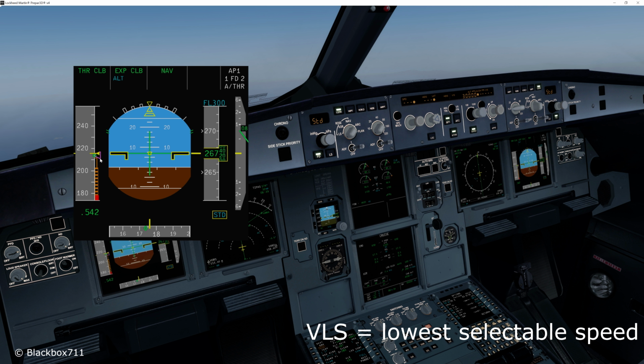All right, let's come to the VLS speed, the lowest selectable speed, and that is the top of an amber strip on the primary flight display speed scale.